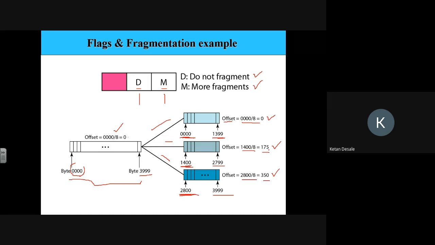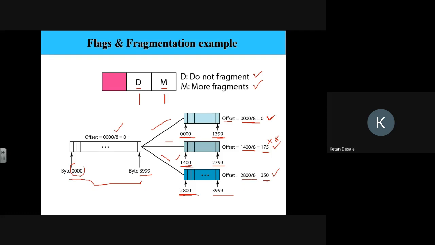Now see, if I know this offset value, can I find the starting byte of the packet? Yes. I simply multiply the offset value by 8, because earlier it was divided. So 175 into 8 gives 1400, so 1400 is the start of that fragmented packet. In the first case, 0 multiplied by 8 gives 0, the start of the first fragmented packet.